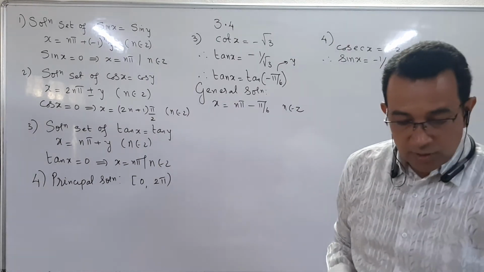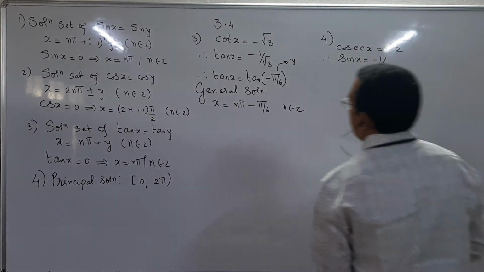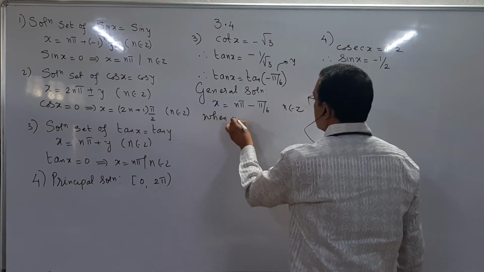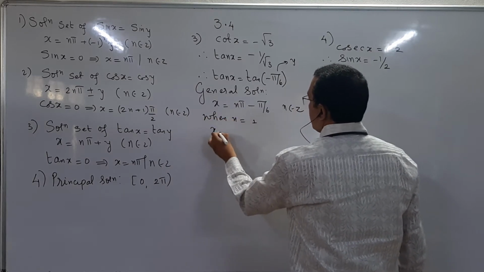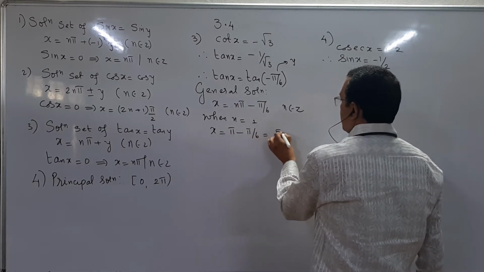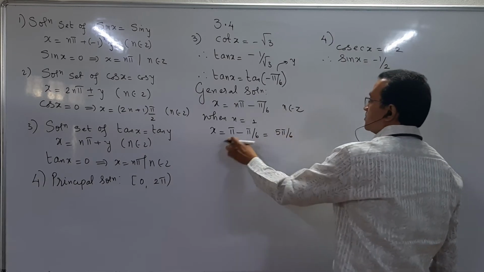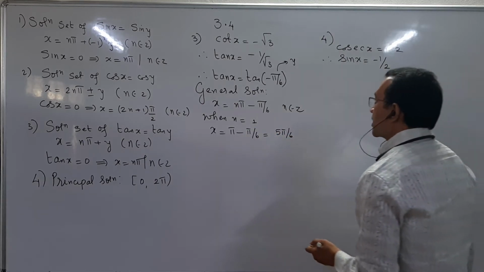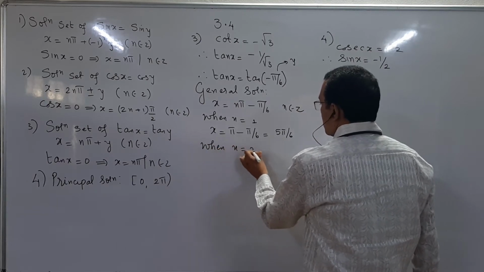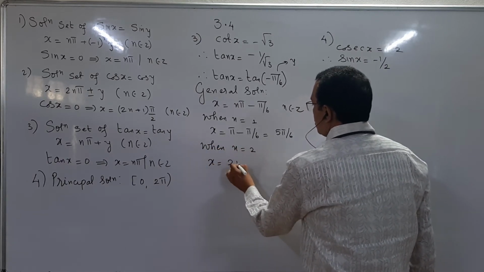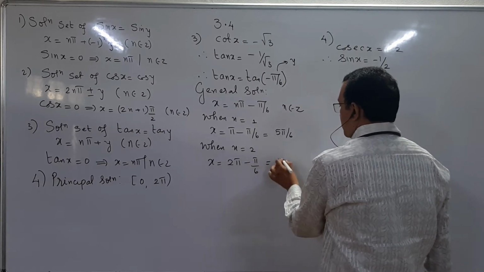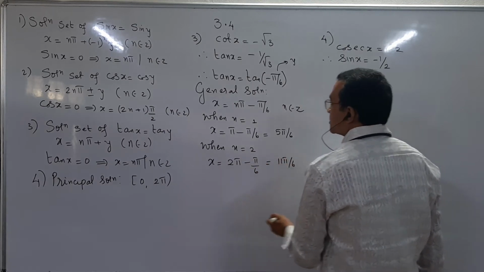Now we have to also find principal solution. So taking n is equal to 1, we get x is equal to pi minus pi by 6, and that is 5 pi by 6. Taking n is equal to 2, we get x is equal to 2 pi minus pi by 6, which is 12 minus 1, 11 pi by 6.